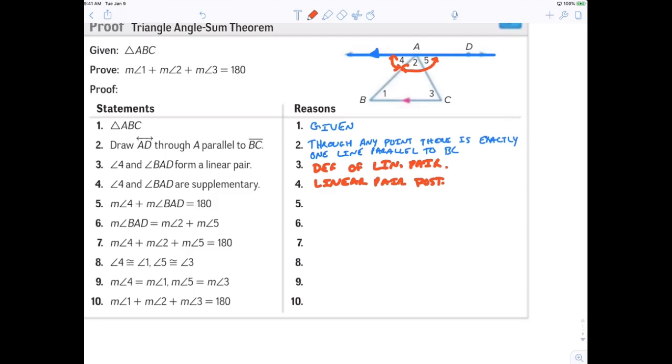Yes, definition of supplementary. This is how I think it could be condensed, but this is just their proof. If something forms a linear pair, then it's automatically supplementary.